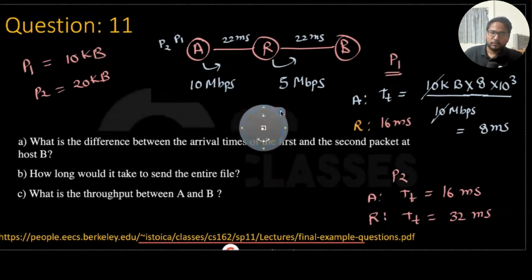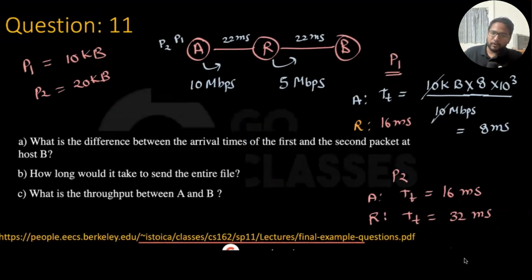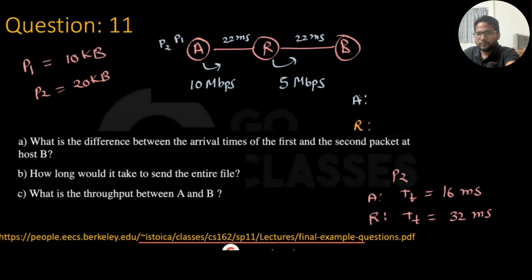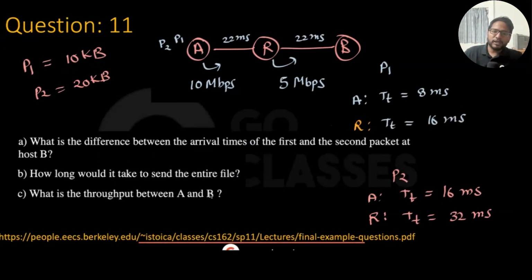So let's do this part B also. For P1 at A, the transmission time was 8 milliseconds, and at R, the transmission time was 16 milliseconds. Now, if you want to send the entire file, how much time will you be taking? Can you calculate this?